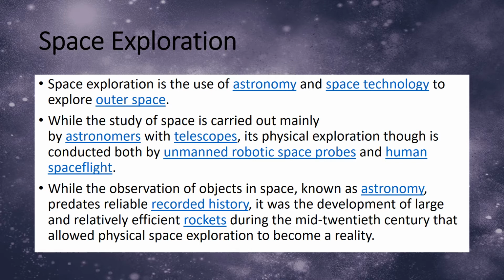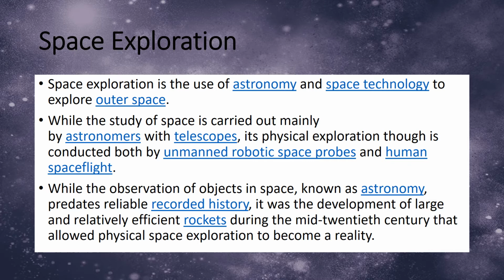Now, while the observations of objects in space, known as astronomy, predates reliable recorded history, it was the development of large and relatively efficient rockets during the mid-20th century that allowed physical space exploration to become a reality. So looking back in history, it was mainly people on the ground, scientists and astronomers, who told us everything we knew through looking at telescopes.